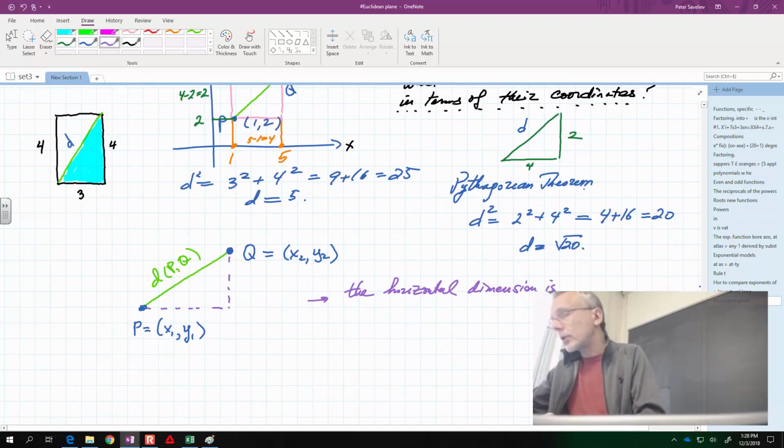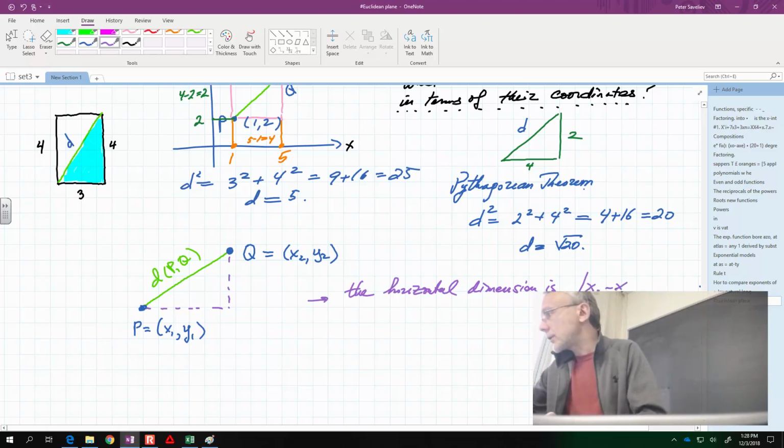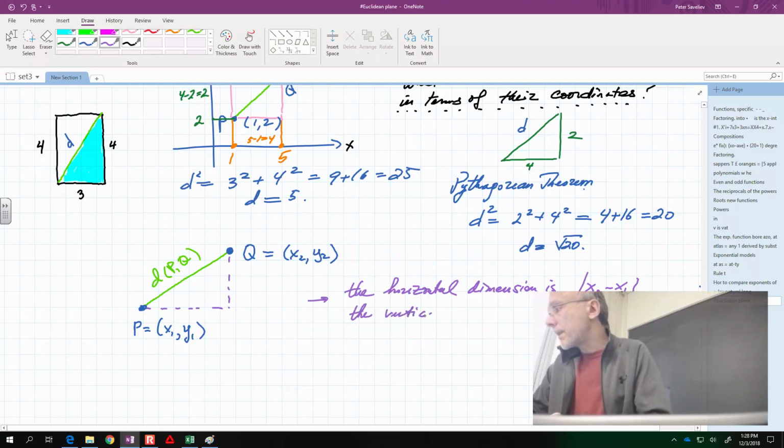So the horizontal dimension is what? That's right, x2 minus x1. So for a horizontal dimension, all y's are ignored, and we just subtract x's, not forgetting the absolute value. The vertical is the opposite. The vertical dimension is y2 minus y1, absolute value.